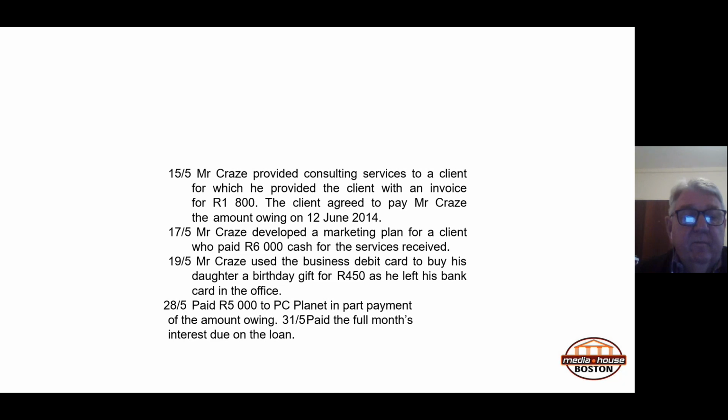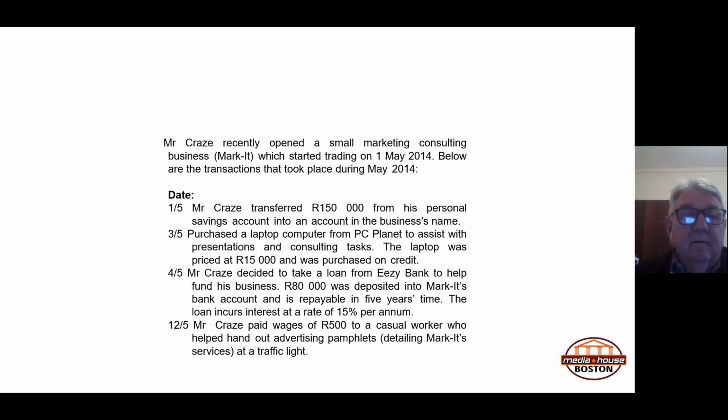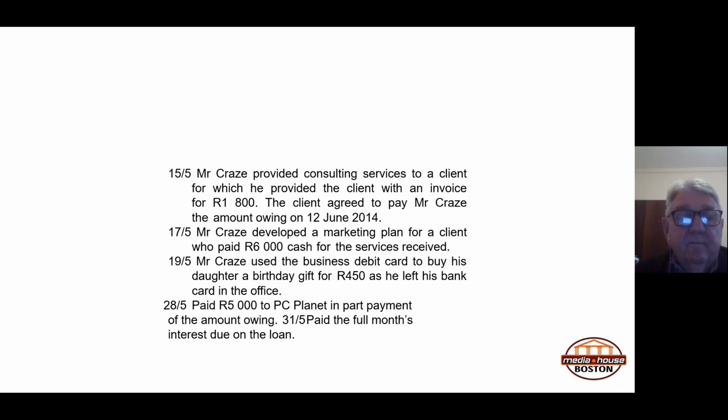Okay, on the 28th of May, paid 5,000 Rand to PC Planet in part payment of the amount owing. We owe them 15,000, so we're going to pay 5,000. Let's analyze what happens here. If I paid money, money goes out of my bank.